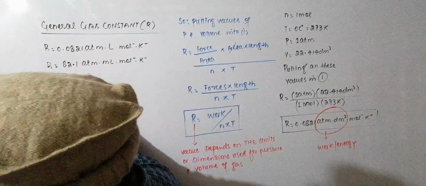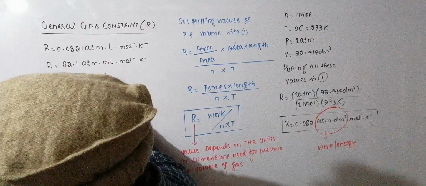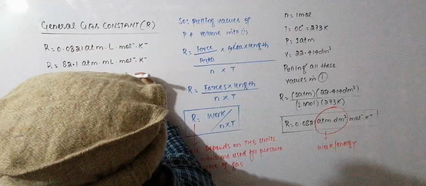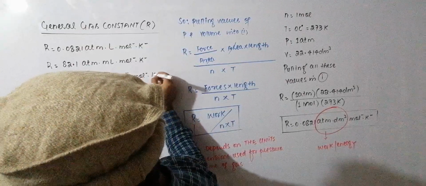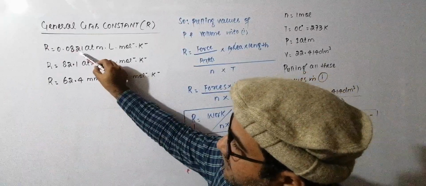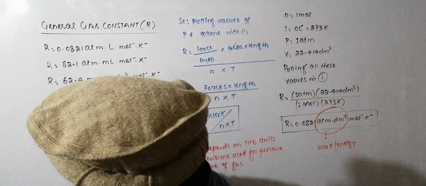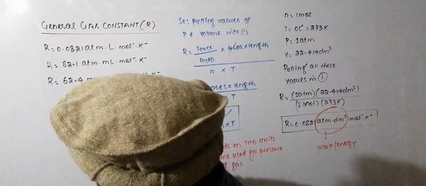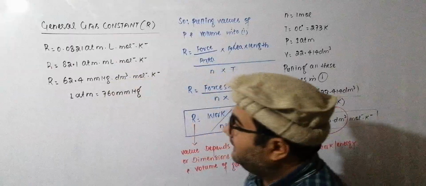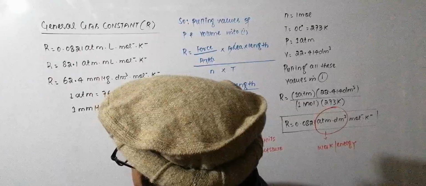Similarly, R is equal to 62.4 millimeter of mercury decimeter cube per mole per Kelvin. In order to find this value, you have to multiply this number by 760. Why? Because 1 atm is equal to 760 millimeter of mercury, and 1 millimeter of mercury is equal to 1 torr.